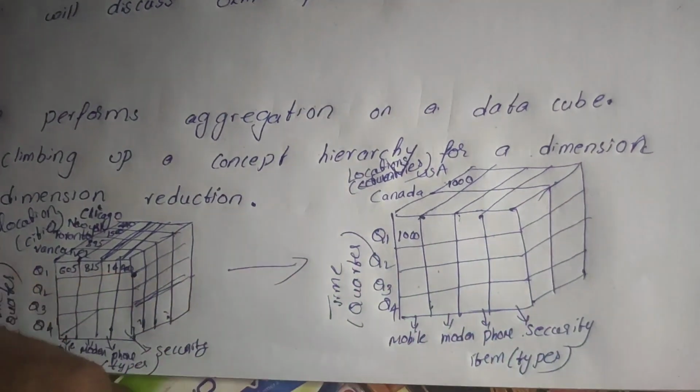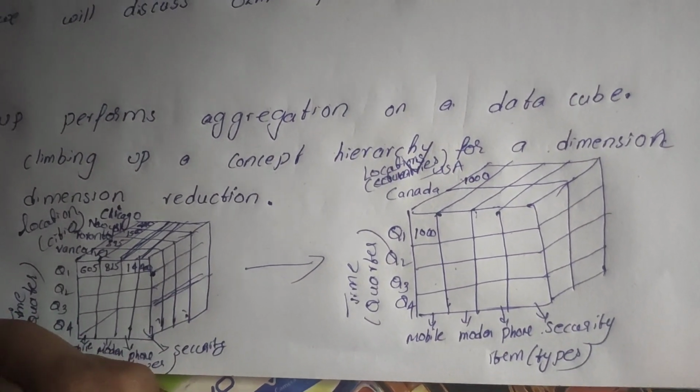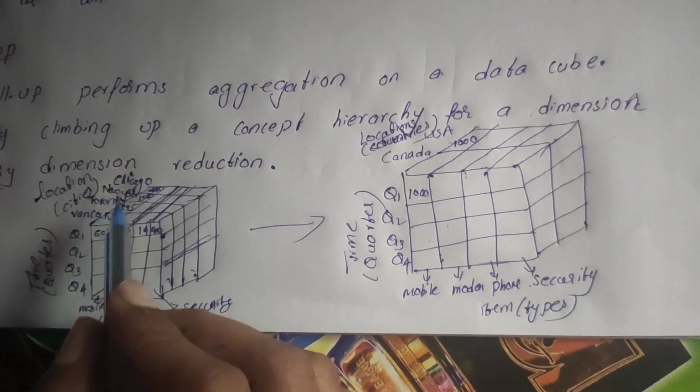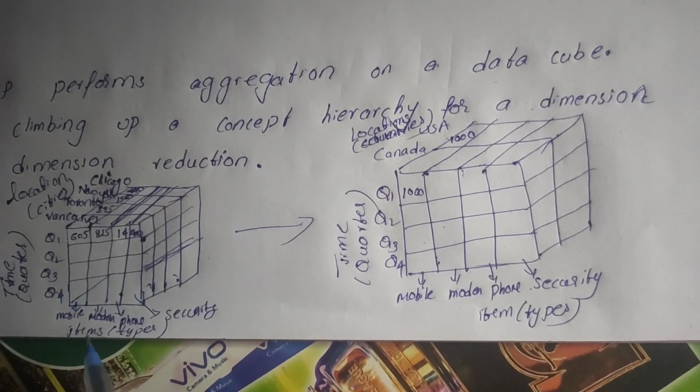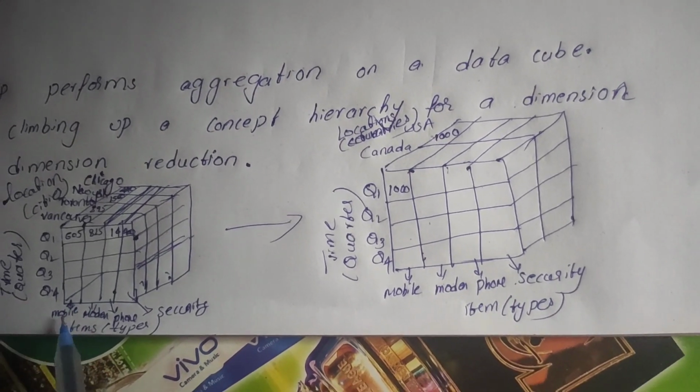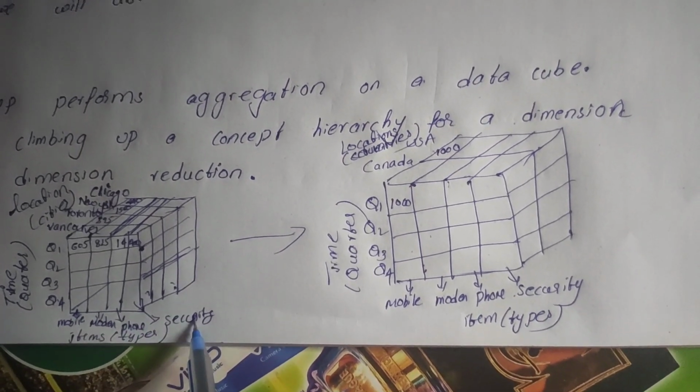Let us see the first example. Let us consider the dimensions as location in cities, time in quarters Q1, Q2, Q3, Q4, and items as mobile, modem, phone, and security.